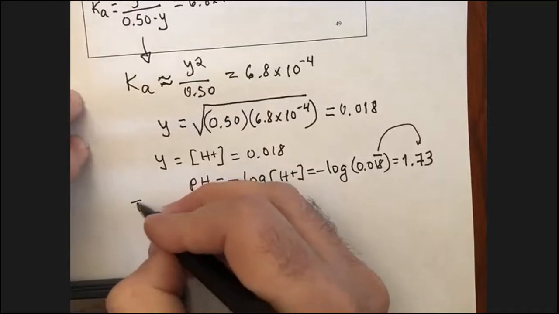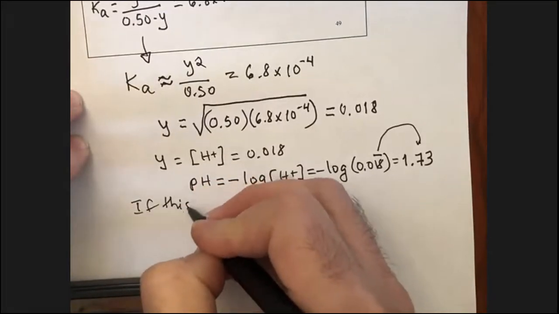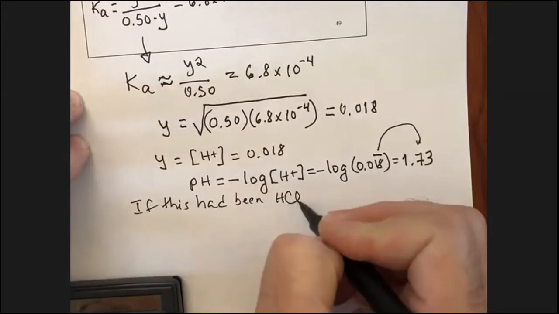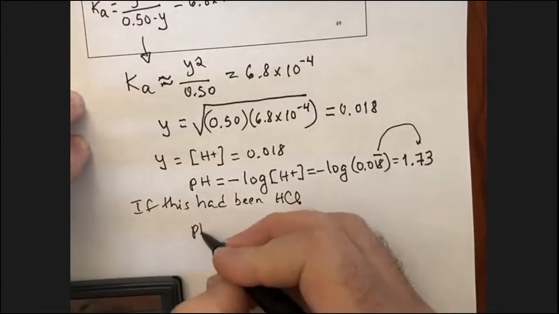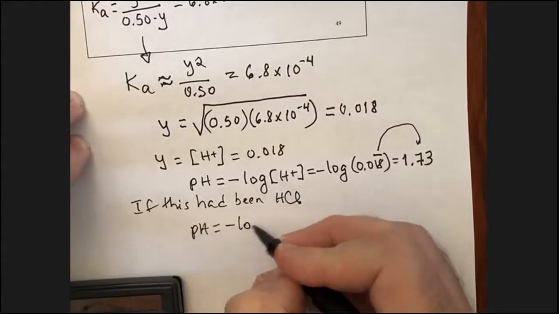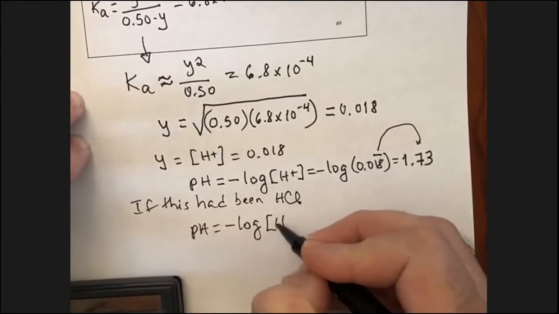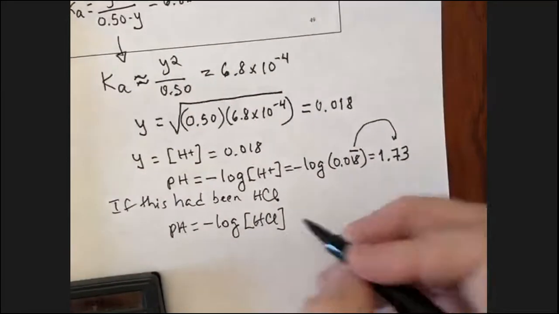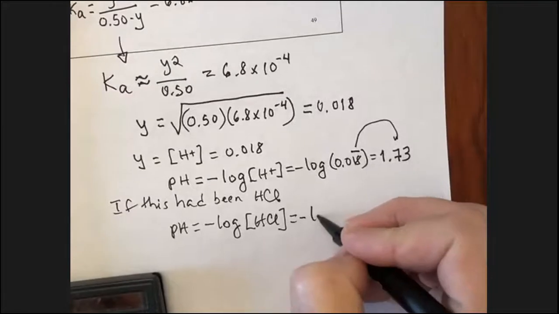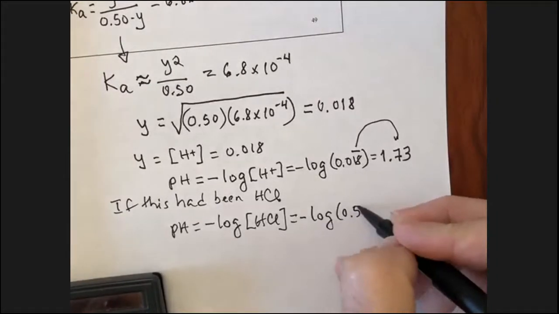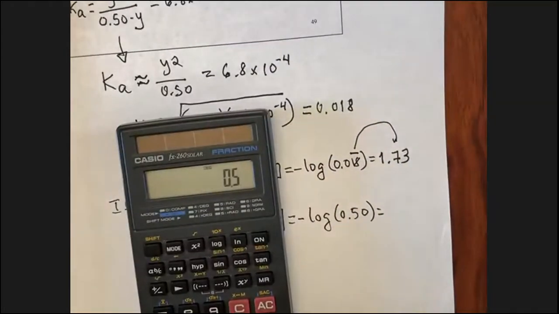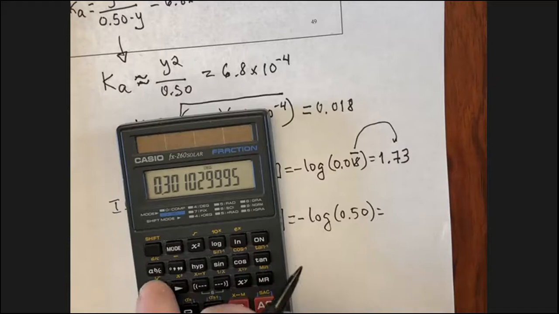If this had been HCl, the pH would have been minus the log of the molarity of the HCl, because we assume that it completely ionizes. So minus the log of 0.50, and that would be 0.30.